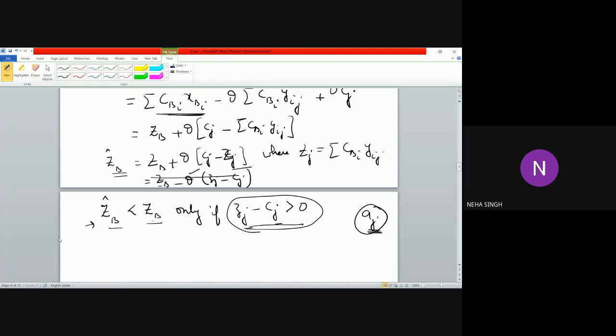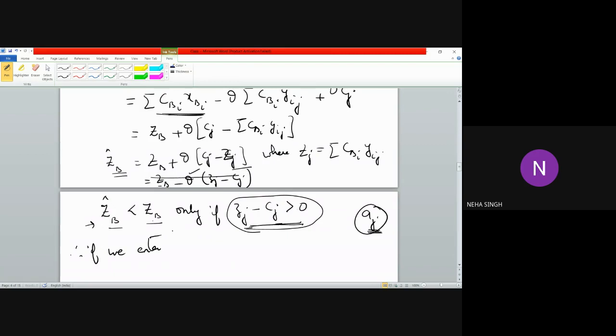Therefore, this is going to define the entering criteria. Okay, which variable will enter? The one whose Zj minus Cj is positive, and obviously the one that is most positive, we will enter that one, right?